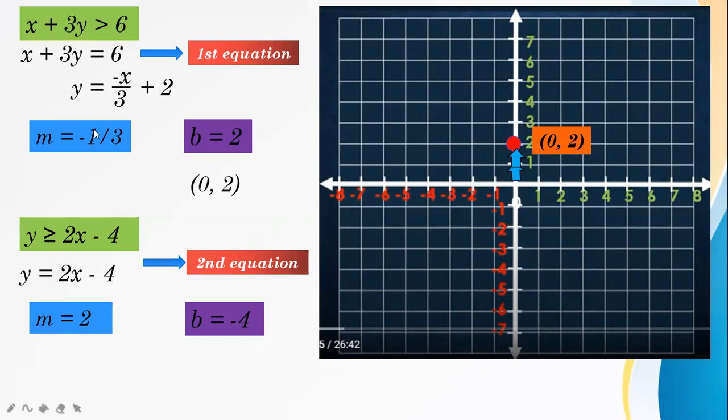Then after that, using the slope, we have rise over run. But your slope is negative, and therefore you move up 1 unit, then 3 units to the left of the y-axis. So therefore, this will be your point.